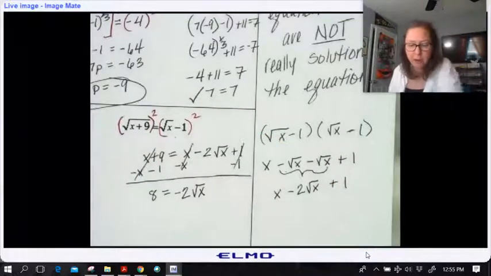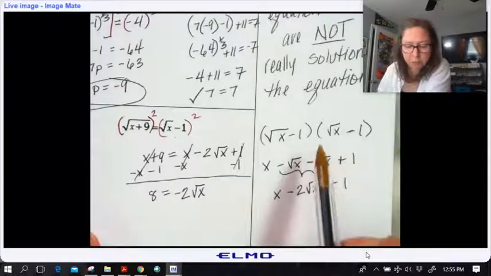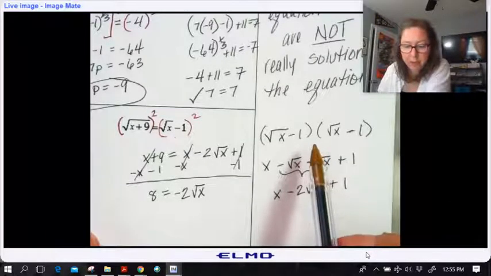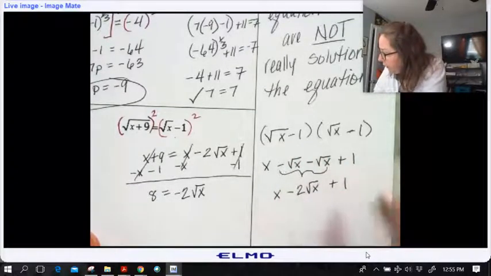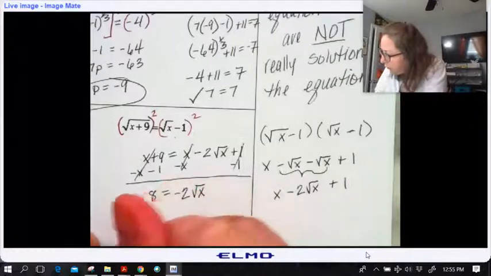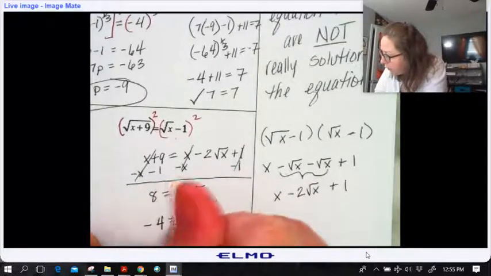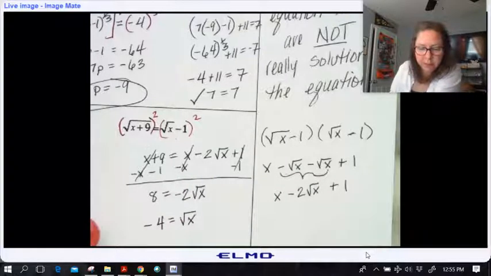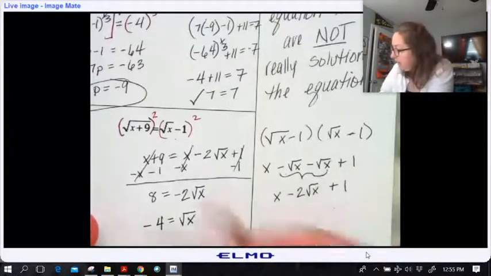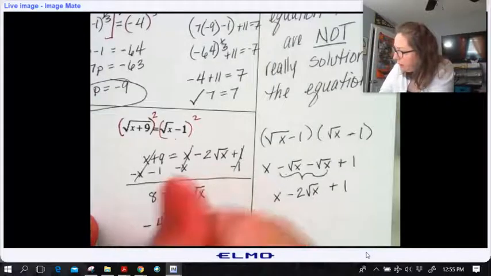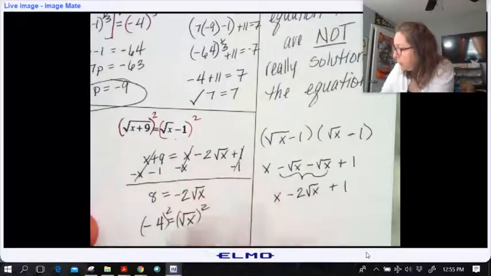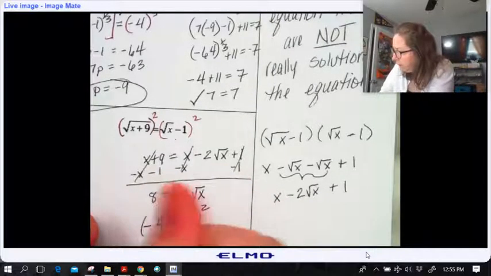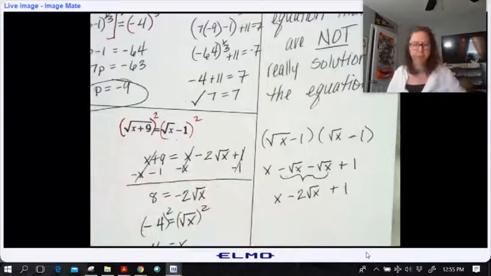And so now what I can do is just go ahead and divide both sides by the negative 2. So it's going to give me negative 4. Okay. And then I'm going to square both sides to get rid of that square root again. So I get 16 equals x.